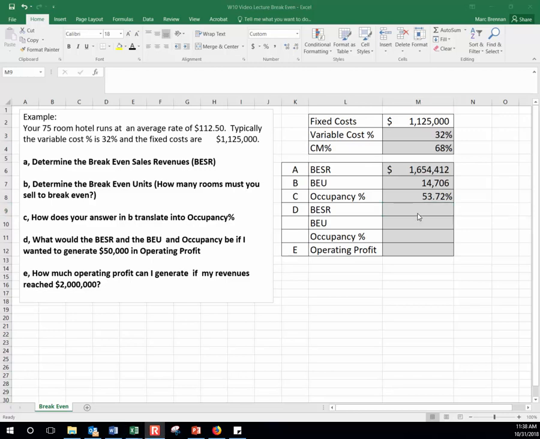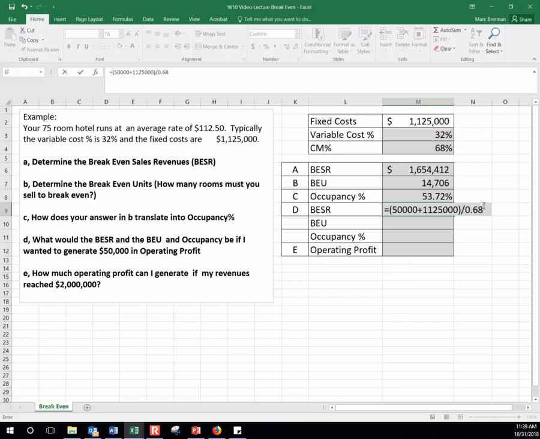If we go back to bottom up, but also to your presentation, we can find out this new break-even sales revenue based on a set operating profit in a very simple way. We're going to add that operating profit that we want, that's our goal, to our fixed costs, close our brackets, and we're going to divide it by our contribution margin percentage, 0.68.